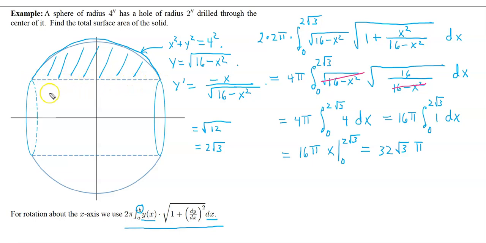Well, to find the surface area of the cylinder, let's note that the diameter of the cylinder is 4. That diameter is 4 because the radius is 2. And previously we have found that this point right here is 2 root 3. And so the length of the cylinder is 4 root 3. This distance is 4 root 3.